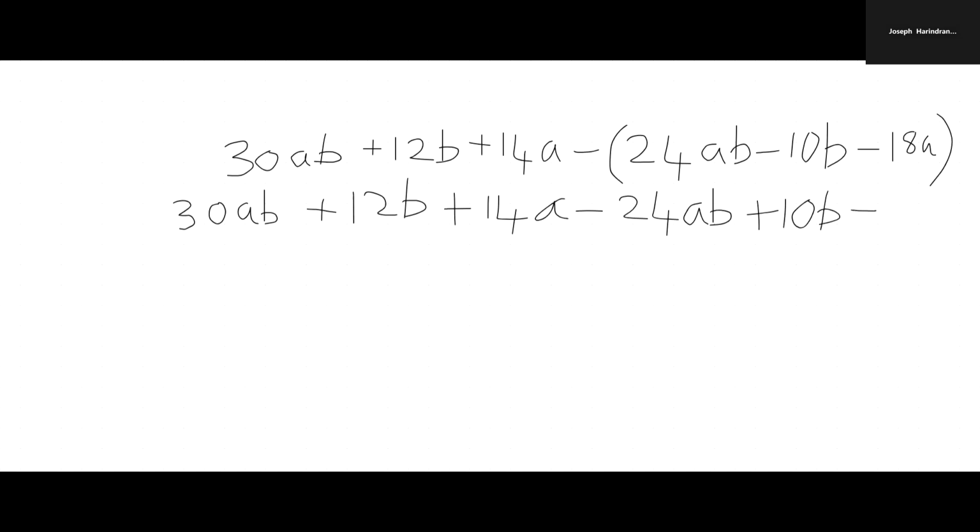The next, third step is to write AB terms together. AB and AB are like terms. So 30AB minus 24AB; we can use separate brackets. These are the AB terms. Then the B terms. There is a 14A here, so we put plus 14A and 18A.